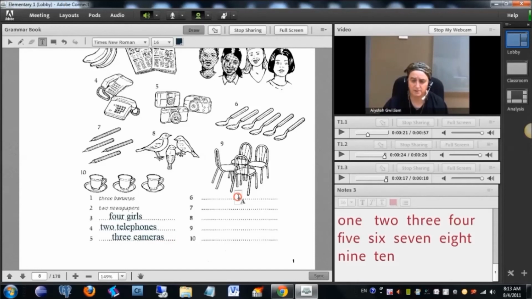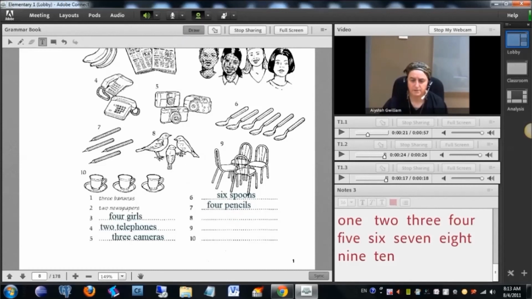Okay, good. Number 6 is, what are they? Spoons. 1, 2, 3, 4, 5, 6 spoons. Okay, number 7, these are pencils. 1, 2, 3, 4. 4 pencils. Number 8, what are these? They're birds.